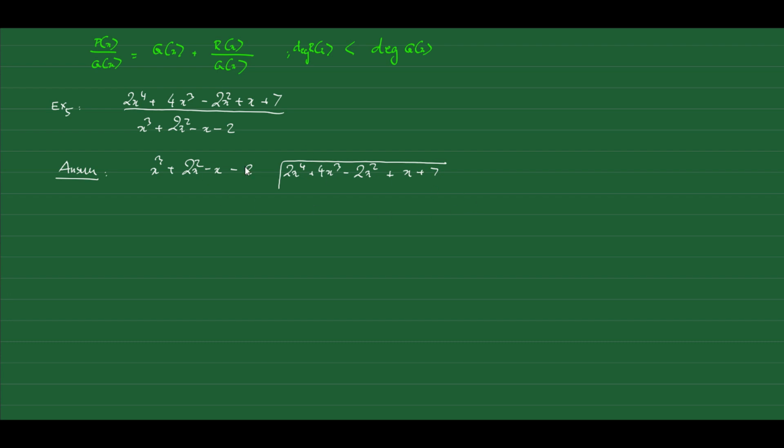We take the leading terms, so you have 2x. Distribute back, this gives you 2x to the 4th plus 4x to the 3rd minus 2x squared minus 2x, and then you subtract. Everything cancels. Then you have 3x plus 7, drop it down.